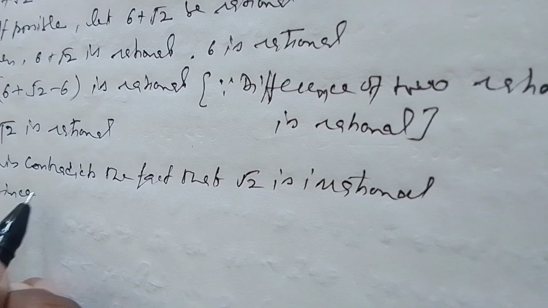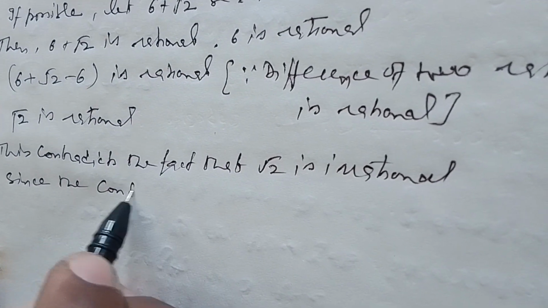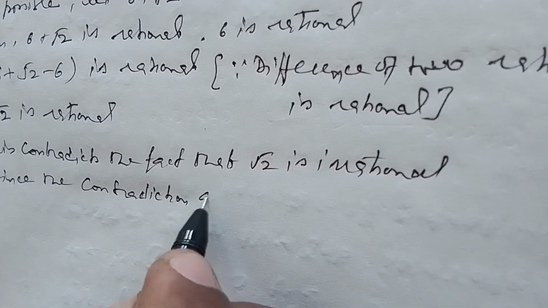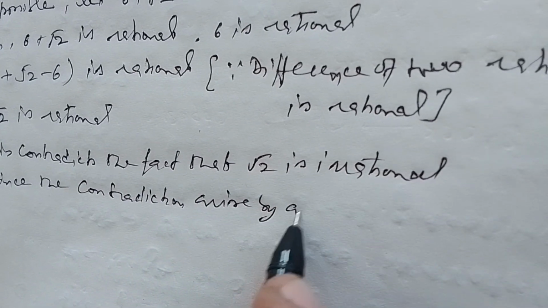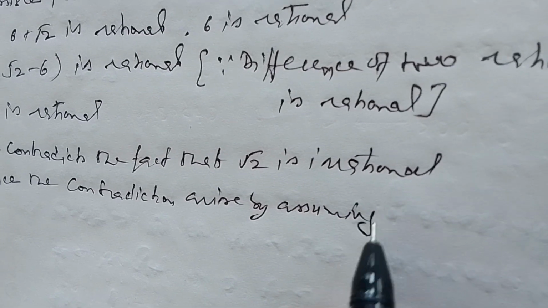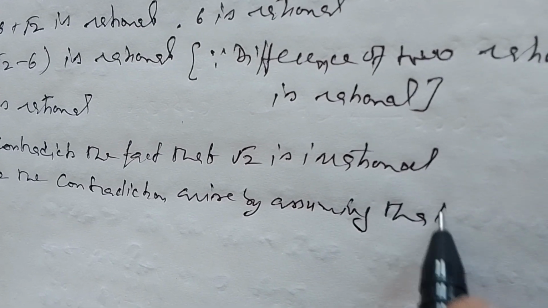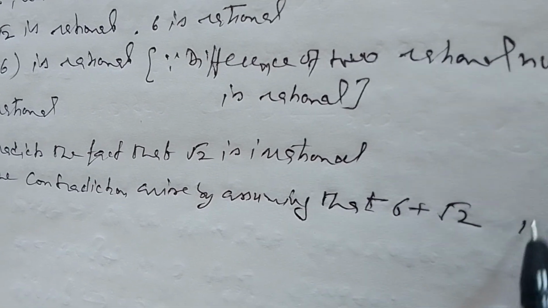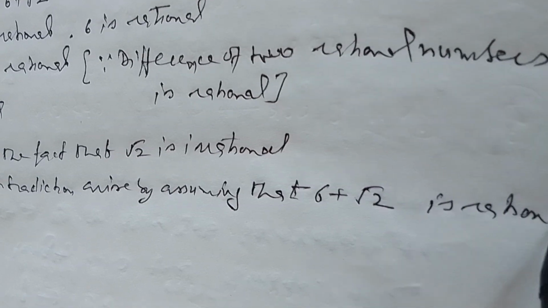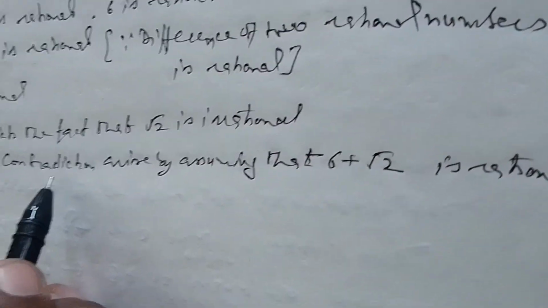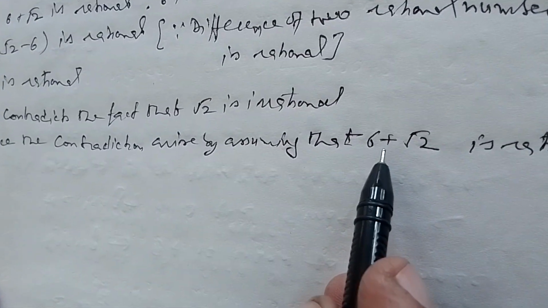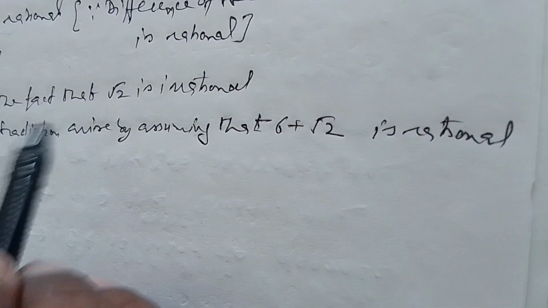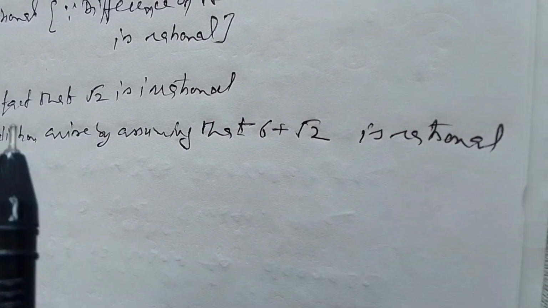Since the contradiction arises by assuming that 6 plus root 2 is rational, because the contradiction arises as we have assumed 6 plus root 2 as rational instead of irrational, our assumption is wrong.